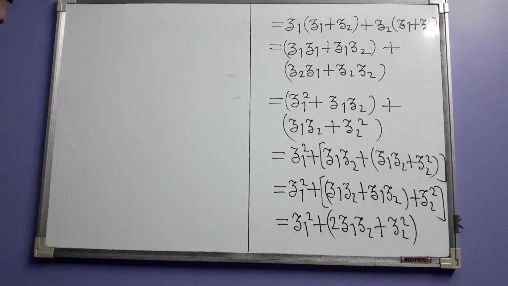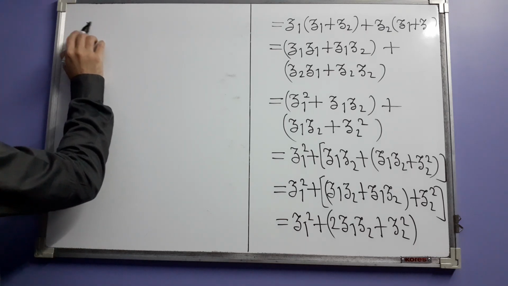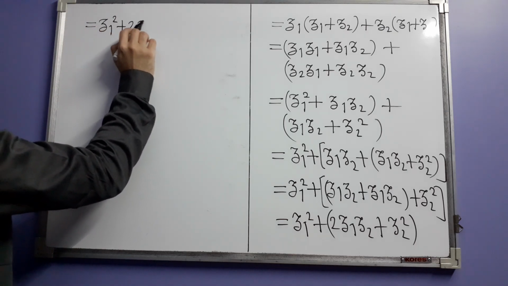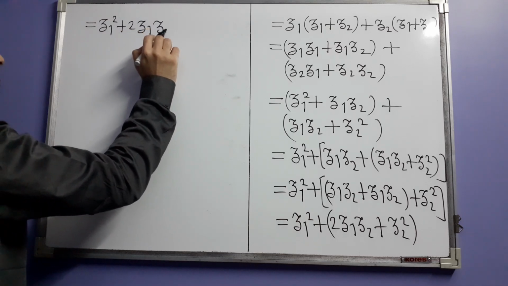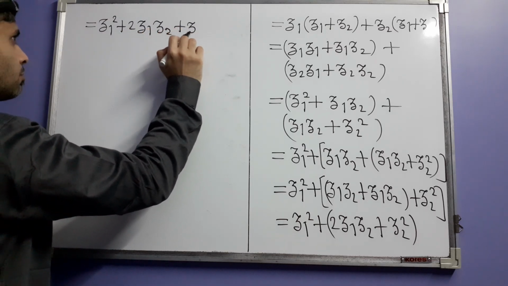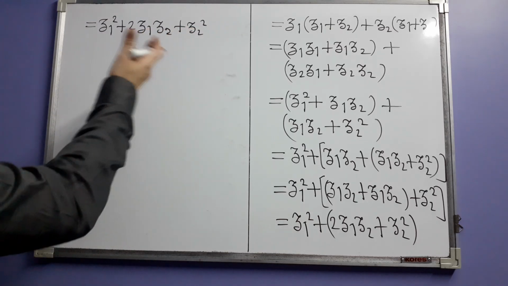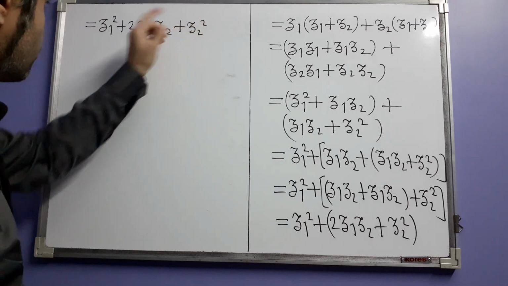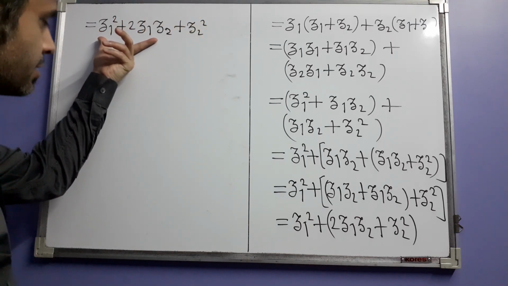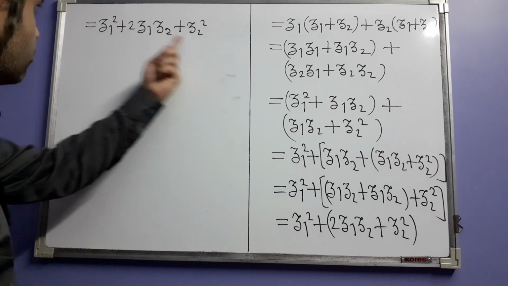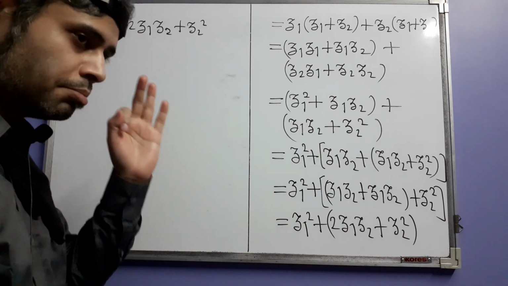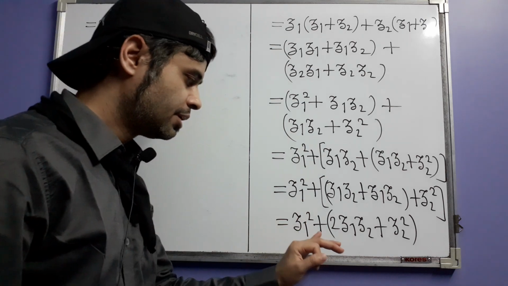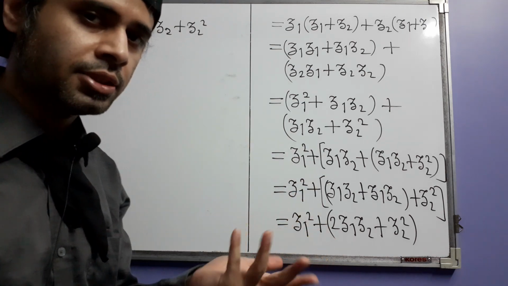That is, you get this. But what does it mean? Does it mean that you have to add Z2 squared to this, or does it mean you have to add Z1 squared to this? It means both. The thing is that associativity tells you that both of them are the same thing.